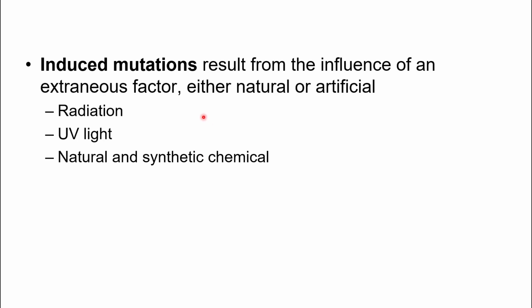It could be natural or it could be artificial, but it's extraneous. So things like radiation, UV light, synthetic chemicals, carcinogens, mutagens, those would be induced because they aren't just occurring randomly in the natural environment, rather they're occurring because of an extraneous factor that is increasing the likelihood of that mutation.